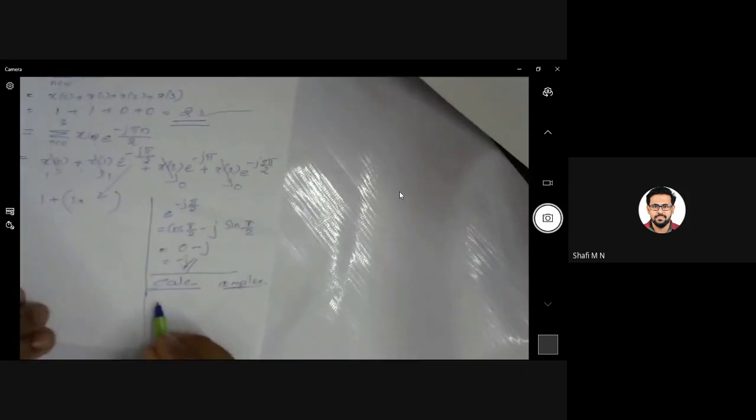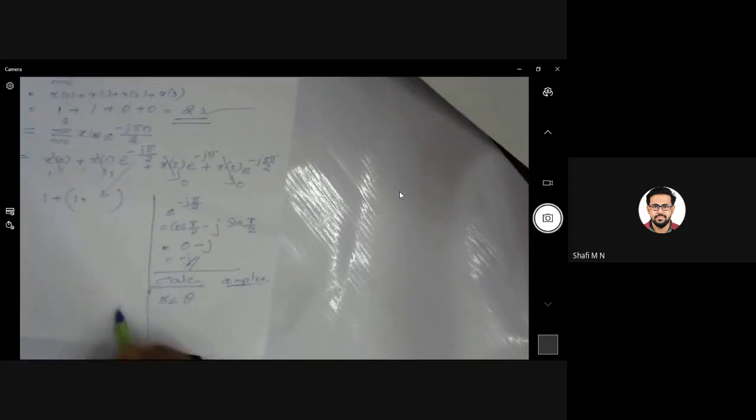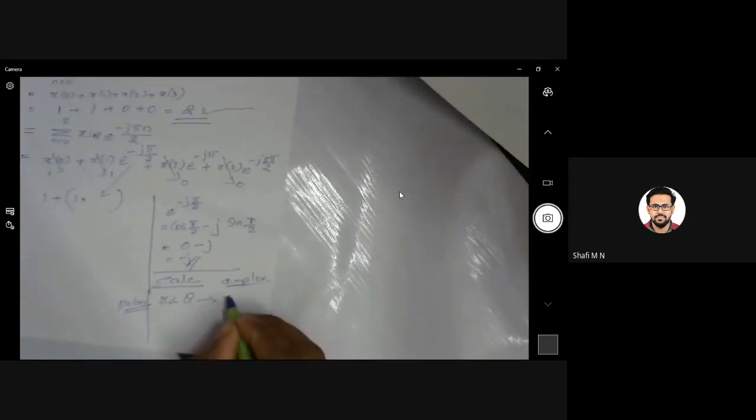There is an option in the calculator to write in r angle theta form, which is referred to as polar form. Even though you are typing r angle theta, it actually implies r e raised to j theta. You cannot type it like this completely in the calculator, so what they are using is this format: r angle theta.